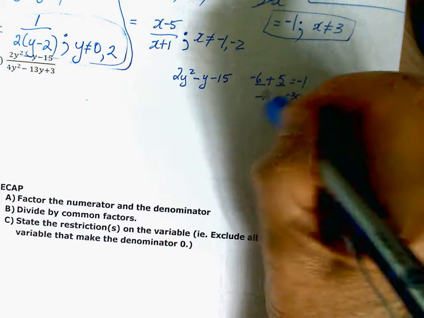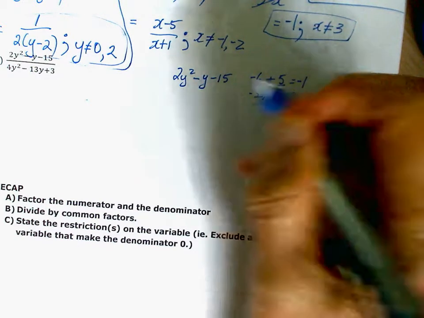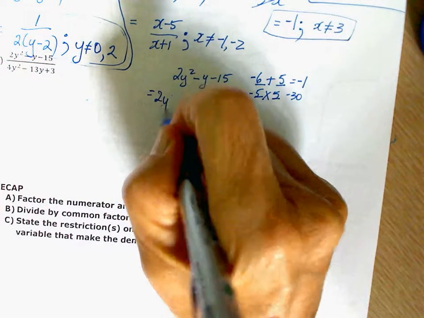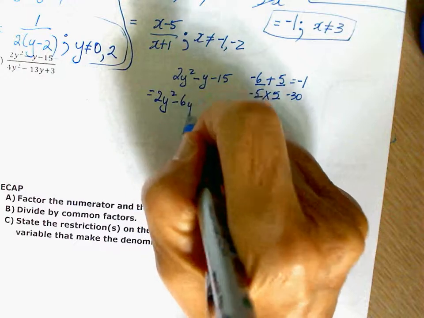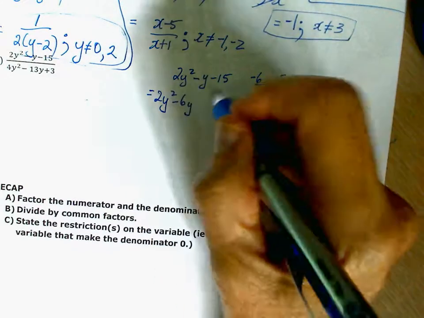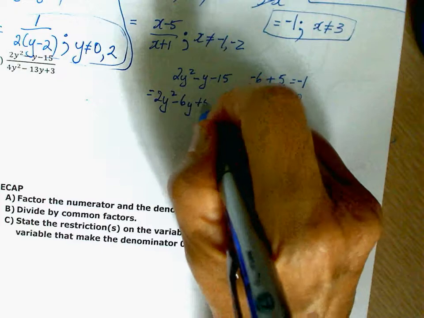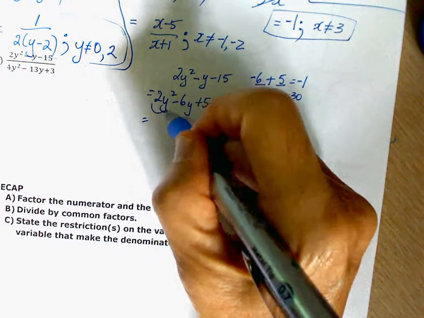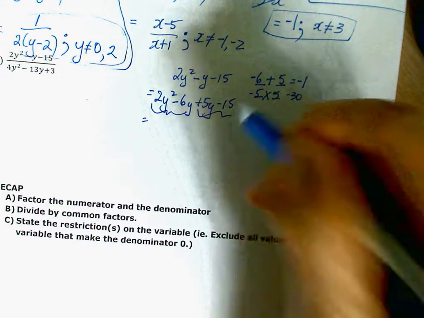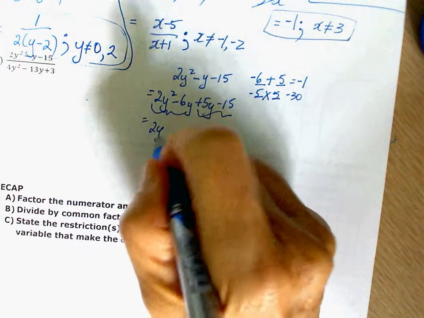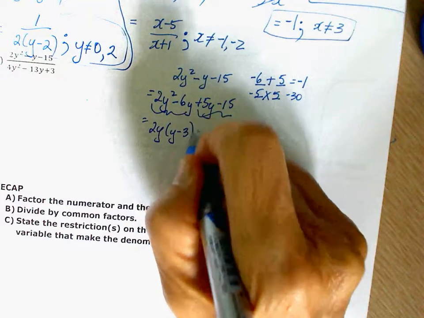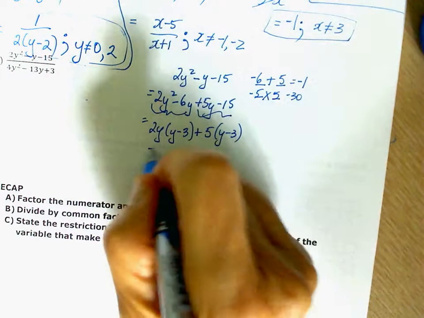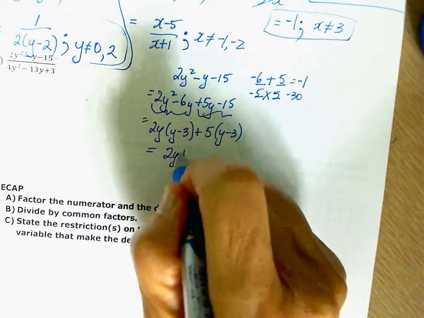So decomposing the middle term, we have 2y squared minus 6y plus 5y minus 15. Now I can group those two terms and those two terms. So now I have 2y times y minus 3 plus 5 times y minus 3, and that equals 2y plus 5 times y minus 3.